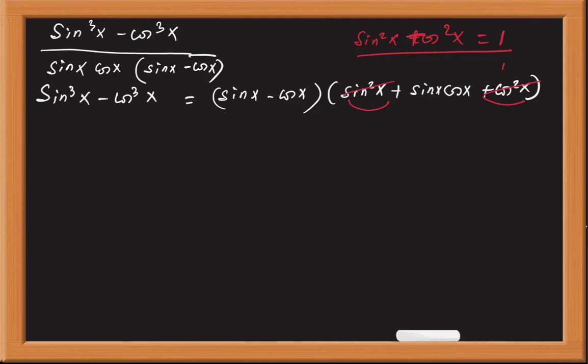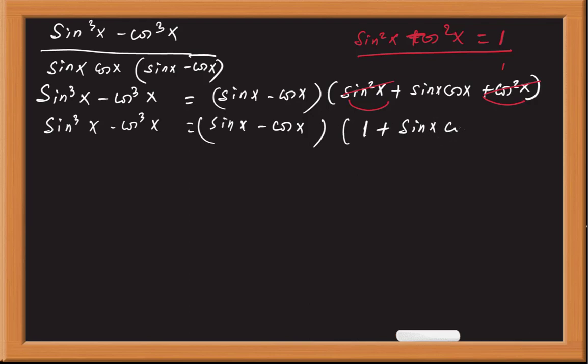So sine cubed x minus cosine cubed x is equal to sine x minus cosine x times the quantity 1 plus sine x cosine x.